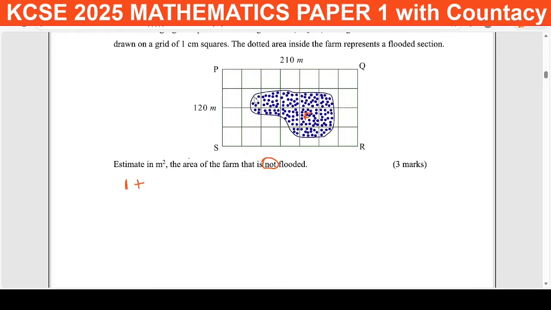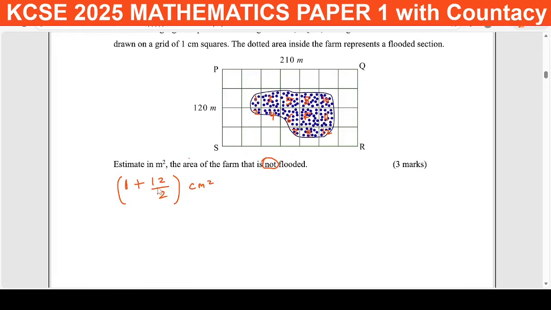We have 1, 2, 3, 4, 5, 6, 7, 8, 9, 10, 11, 12. Therefore, the sections that are not full are 12. We have to divide by 2 so that we can get the value of the full sections. So this one is going to give us the value of these sections, or rather their area, in centimeters squared.